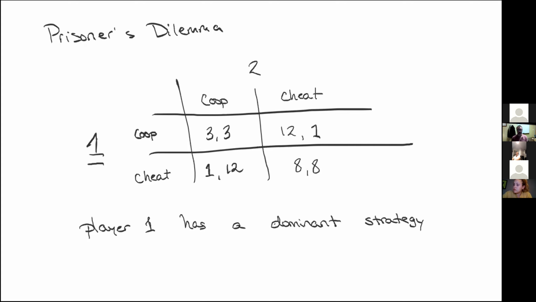A dominant strategy is one that you would want to do no matter what the other person does. So no matter what player 2 does, player 1 is always better off if they play cheat. So far so good? Okay, so let's get rid of that.